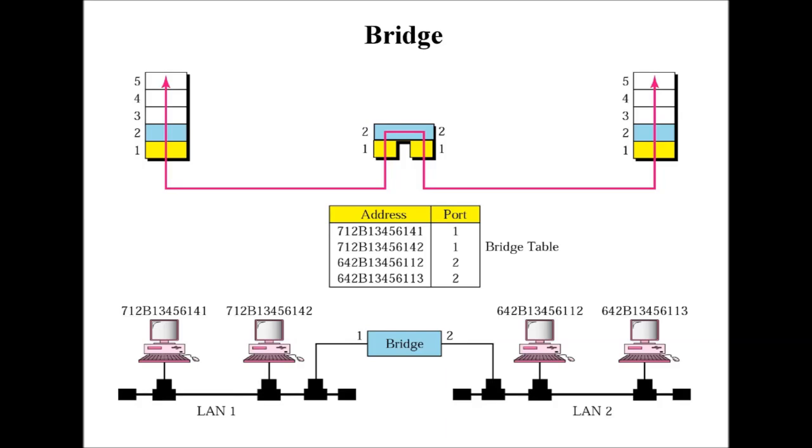Let's suppose in LAN 1 there are two devices, and you can see the physical or MAC addresses of these two devices, which are 712B 13456 141, and likewise 712B 13456 142.